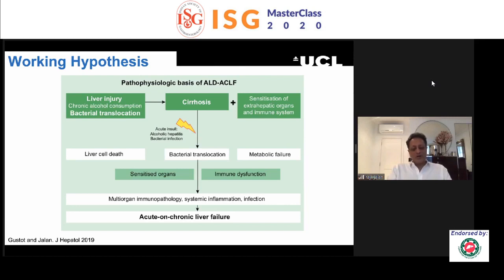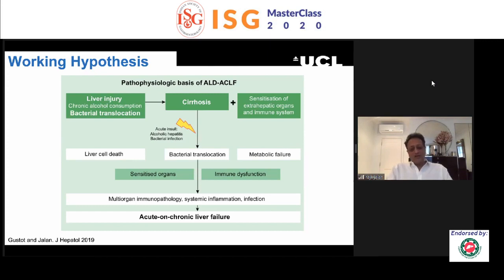you can quote this anywhere you want, that bacterial infection is one of the most important precipitating events for the occurrence of ACLF as it is viewed today. And of course, there is increased risk of new infection in patients with ACLF. There's no doubt at all.